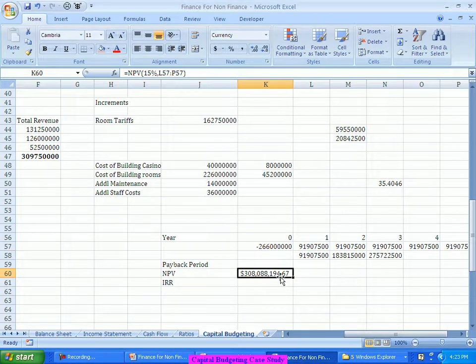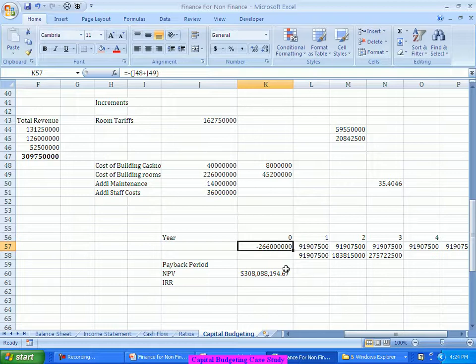Which means after removing 15% expectation also, it is still profitable. So as long as after you remove the impact of the interest rate, this number is still higher than what you are investing, it's a profitable project. As simple as this.